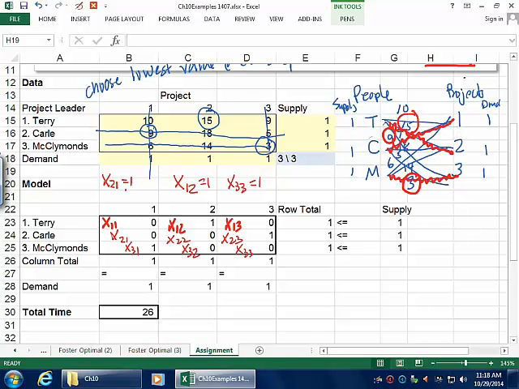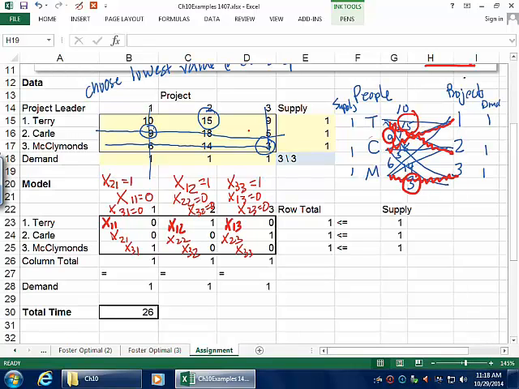For instance, x11 is, well, there's no assignment here. So Terry is not going to work on project 1 in this case. So x11 is equal to 0, and x31 is also equal to 0. Then x12 is 1, x22 is 0, x32 is 0, and x13 is 0, and x23 is 0.